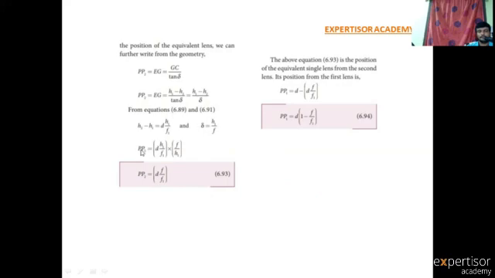We get PP2 equal to d h1 by f1 into f divided by h1. PP2 is equal to d into f divided by f1.